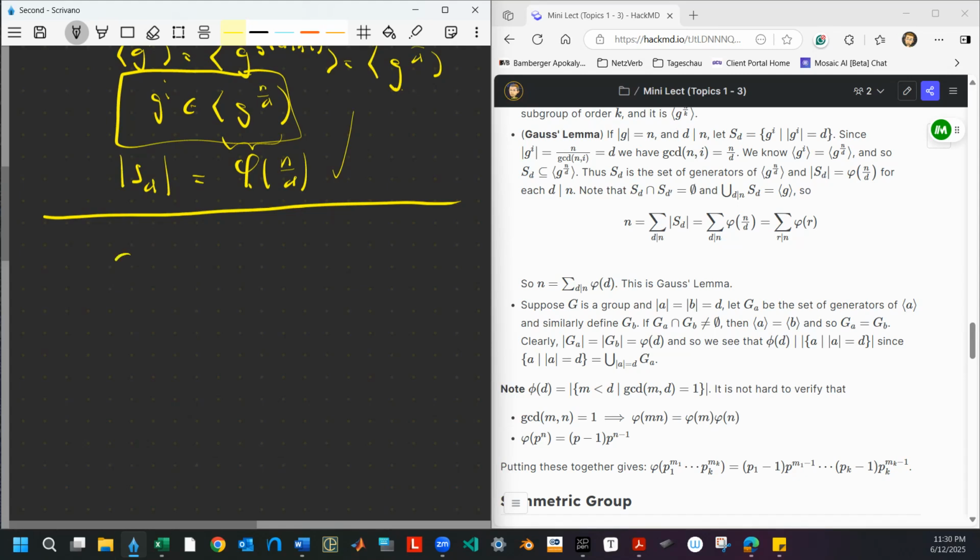So here I'm in a group G, and I've got two elements, A and B, of order D. G_A is the set of all generators of A, and G_B is the set of generators of B.